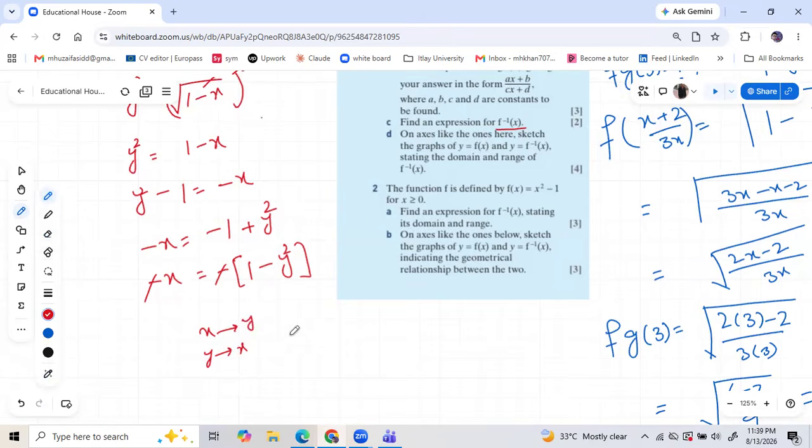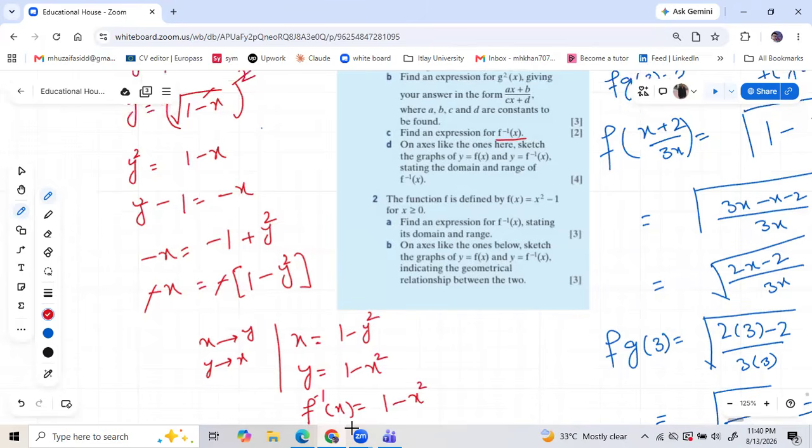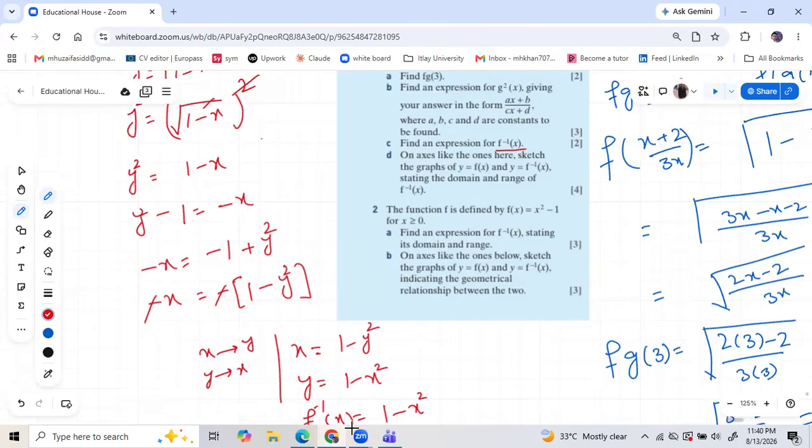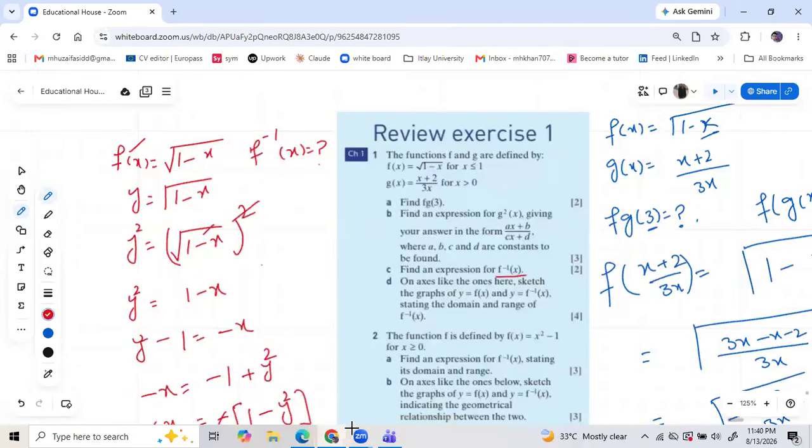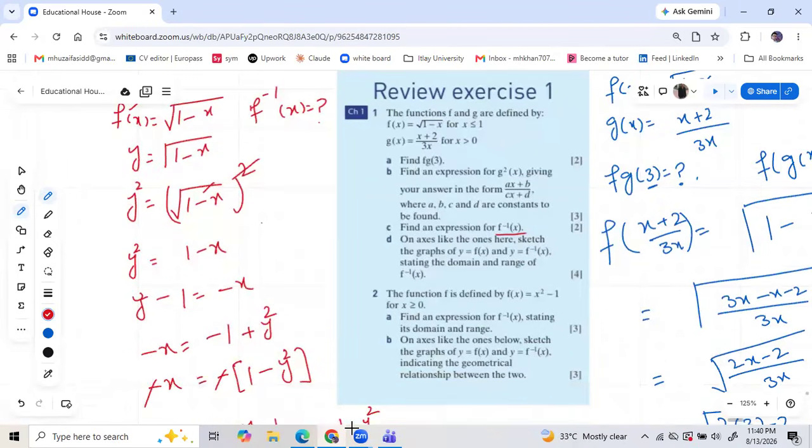So this function becomes x is equal to the square root of 1 minus y, so y is equal to 1 minus x squared, and this is our f inverse of x is equal to 1 minus x squared. Okay, have you got it? If you want to go through it, I'm giving you the time.